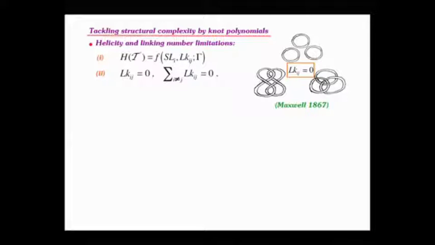The limitation is that there are systems like the well-known Borromean rings and others. Even Maxwell noticed in 1867, in a private letter to Tait, that this has a Gauss linking number of 0. So the Gauss linking number clearly has a limitation.